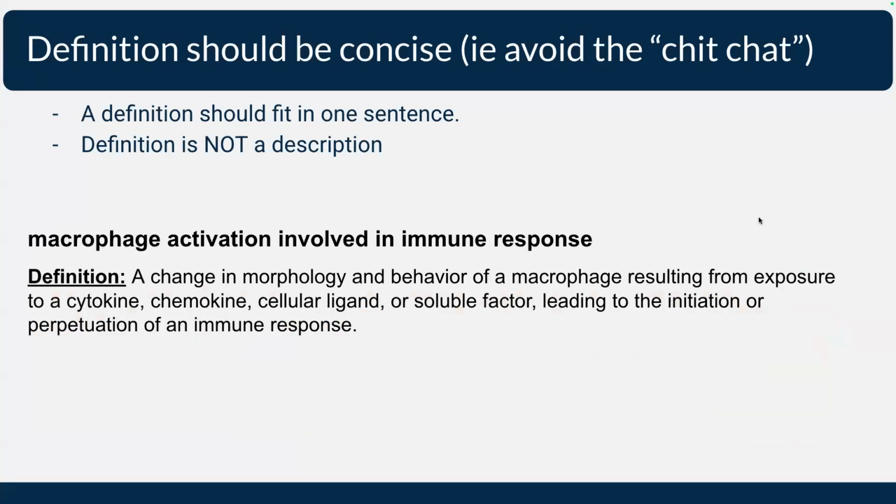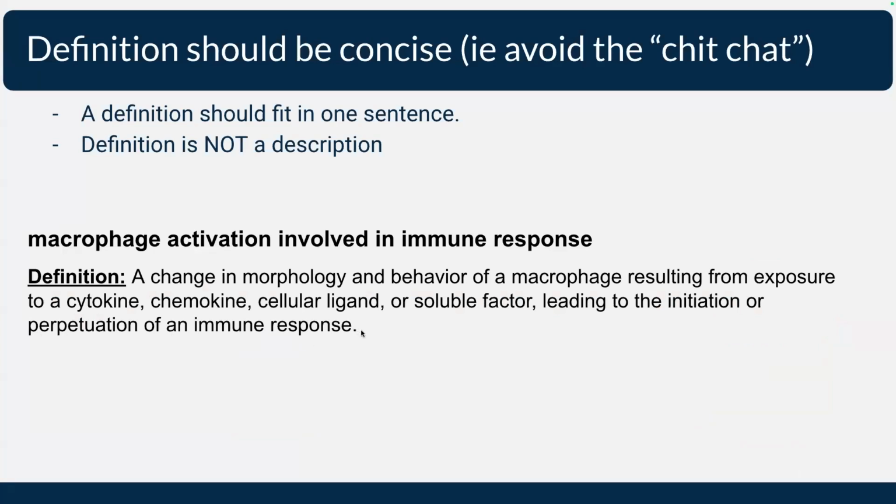Another example, macrophage activation involved in immune response. It is a change in morphology and behavior of a macrophage resulting from exposure to cytokine, all of those things that leads to the initiation or perpetuation of an immune response.